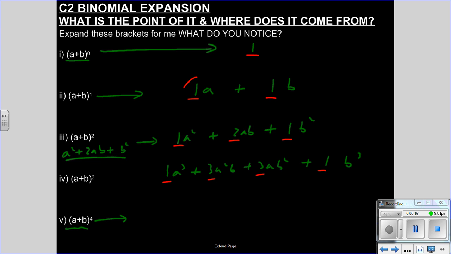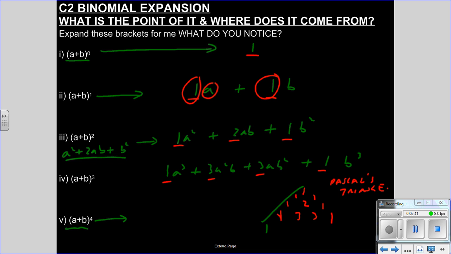Can you notice that the coefficients of these numbers, so remember the coefficient is the number next to, can you see this looks like and is what's called Pascal's triangle? I can clearly see there's ones along the edges, so 1, 1, and it's a symmetrical triangle.